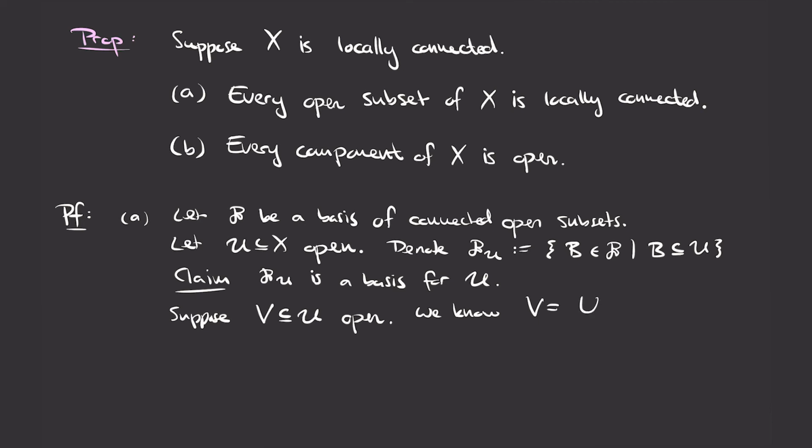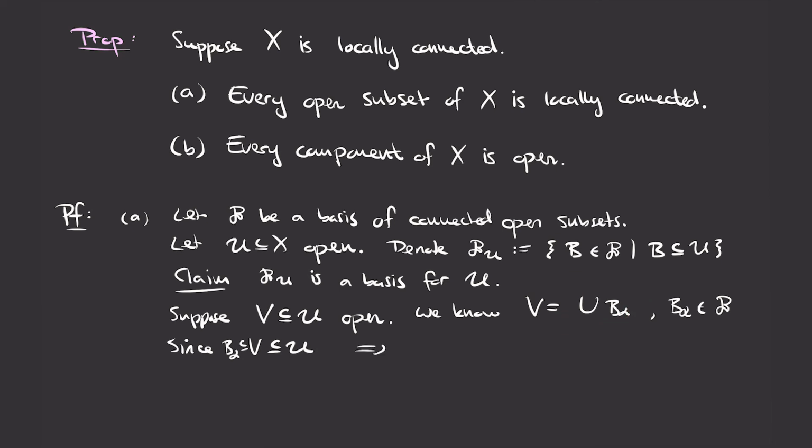So V is some union of B alphas where the B alphas are elements of this original basis B. However, since V is a subset of U, every one of these B alphas also has to be contained in U, otherwise we would get something that's bigger than U. Moreover, each of the B alphas has to be contained in V, because V is the union of all of these B alphas.